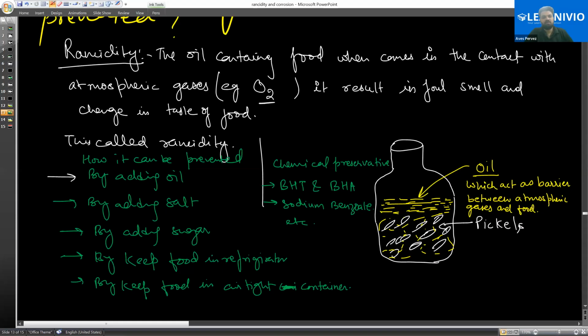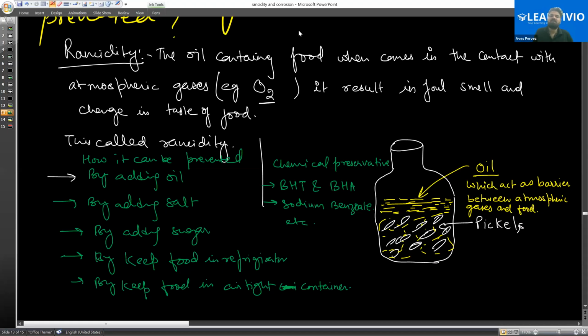तो यहाँ पर if I'm talking about this one, like oil, salt, we are adding sugar, keeping food in the refrigerator, keeping it in an airtight container. By adding sugar, you know that sweets do not turn rancid in 1 or 2 days. Like jalebi, because it has a large amount of sugar, and also food carrying a high amount of salt does not turn rancid.